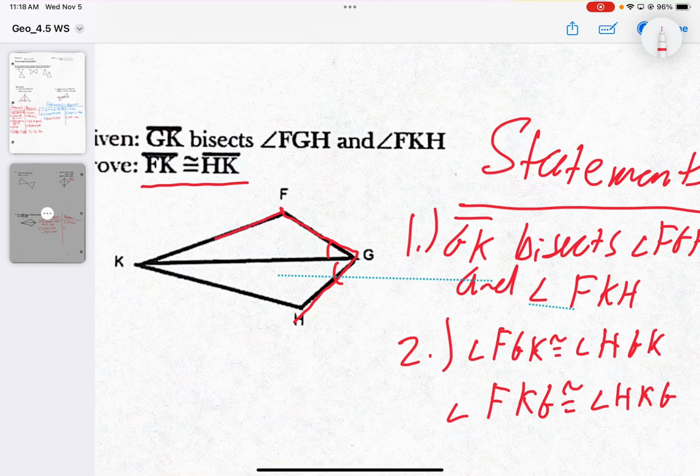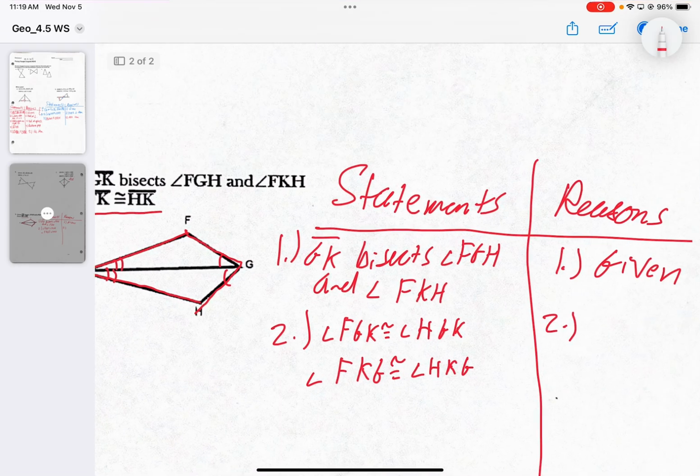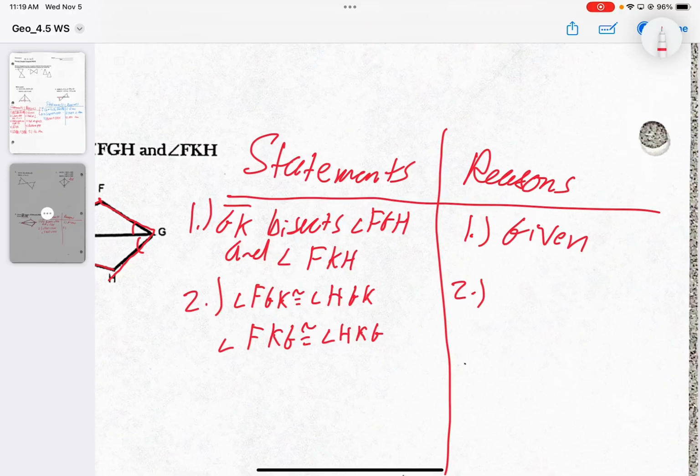And then go to FKH, that other angle is being bisected, so these two angles would have to be congruent to each other, okay? Now I need my reason why. Some of you guys are struggling with your reasons. What would be my reason for this one? Yeah, you have to go with what they gave you. They gave you that something is bisecting an angle. So we're going to say, oftentimes that's a definition, not always, but definition of angle bisector.